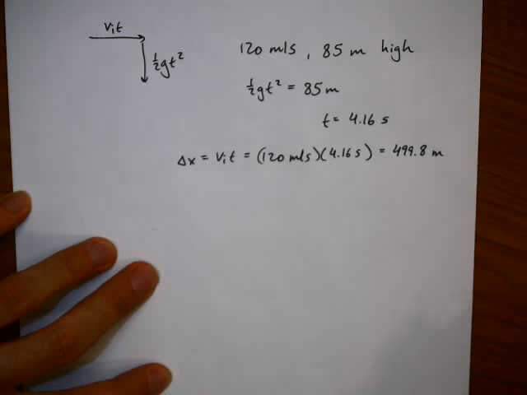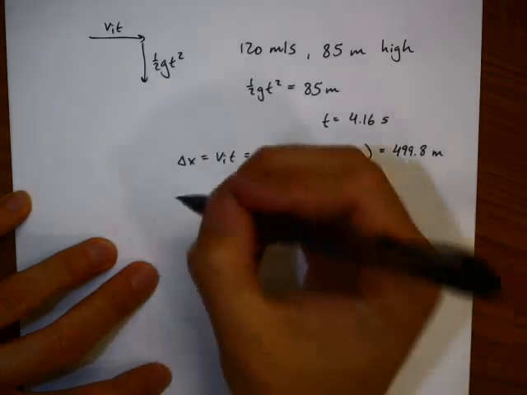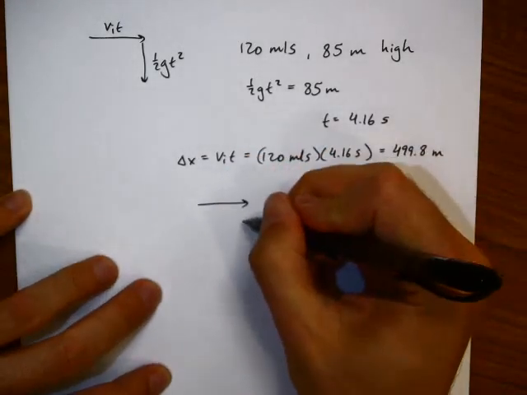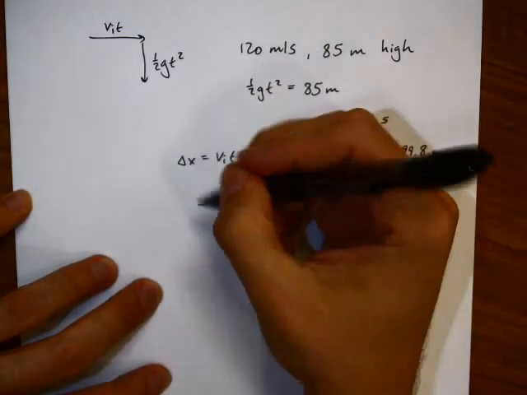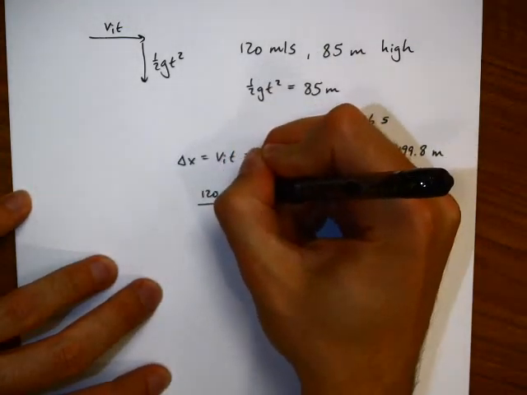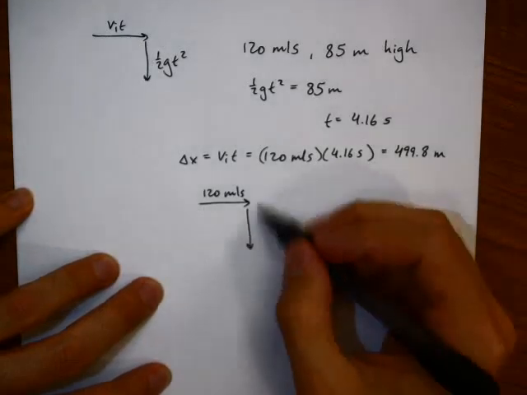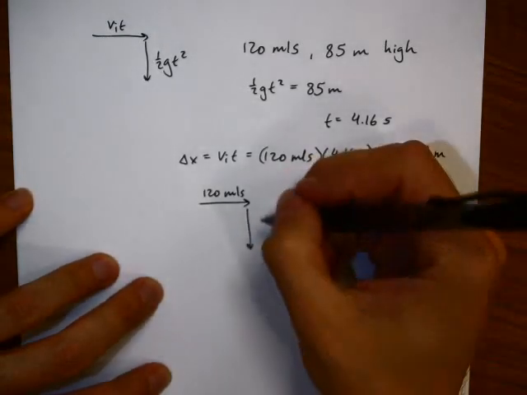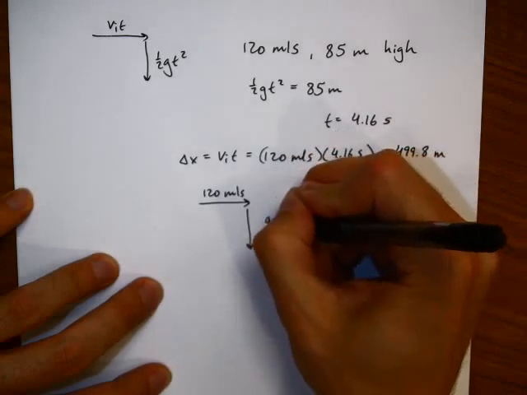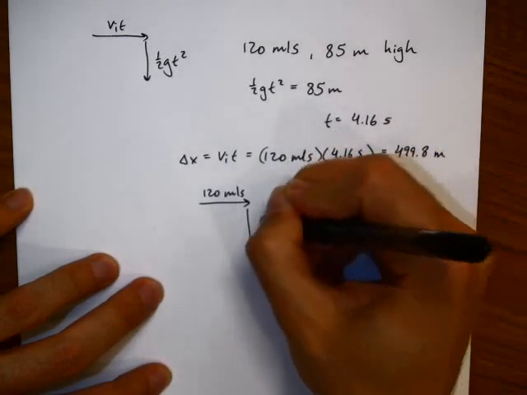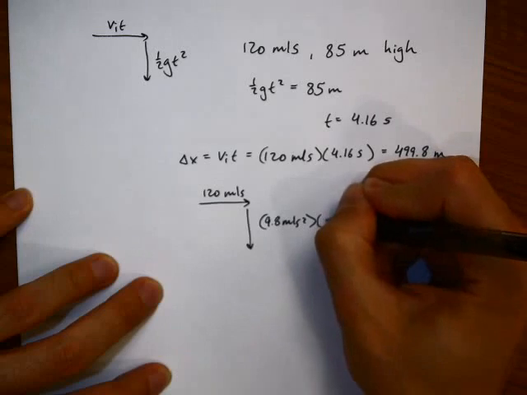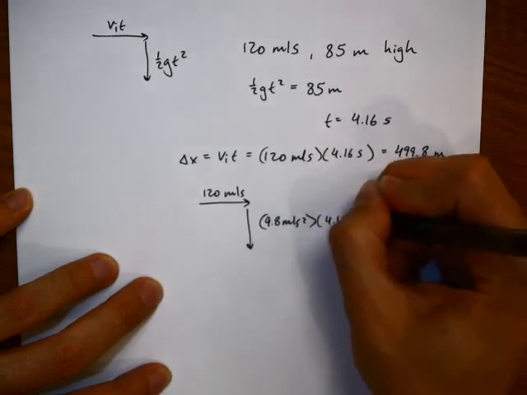Okay. And can you find the speed just prior to hitting the ground? It'd be 120 meters per second horizontally. And the vertical speed would be 9.8 meters per second squared times the 4.16 seconds.